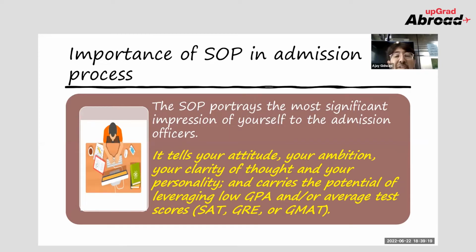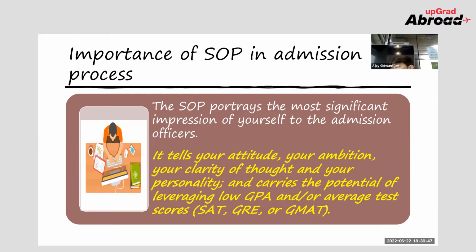I have got 59%. Now, with this 59%, am I eligible? Yes, I may be eligible if I have a good SOP. This good SOP talks about my personality, my attitude, my ambition, my clarity of thought. So in this way, a good SOP can help you even if you have a slightly lower GPA and even an average test score. Now, this could be GRE.